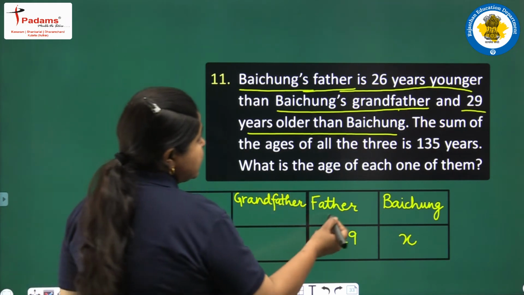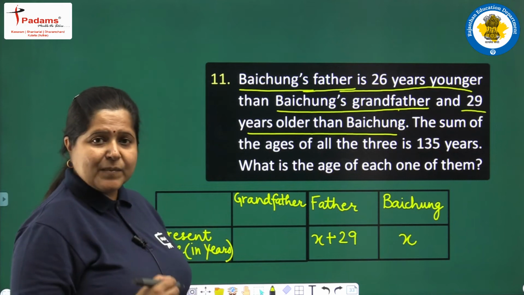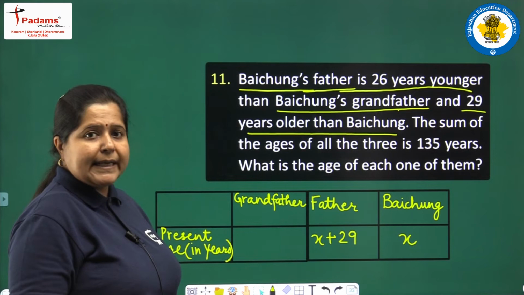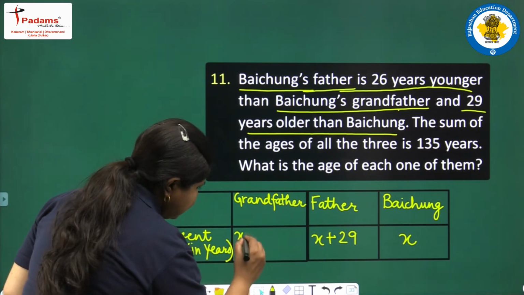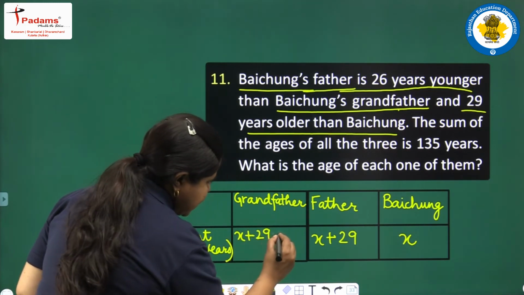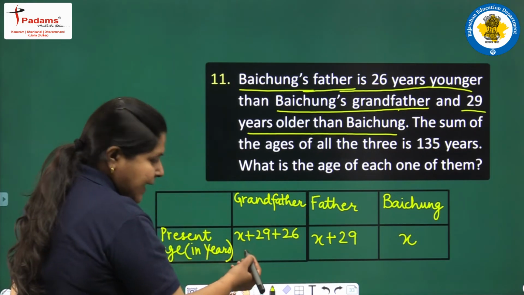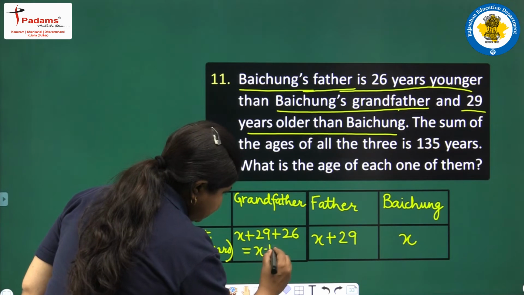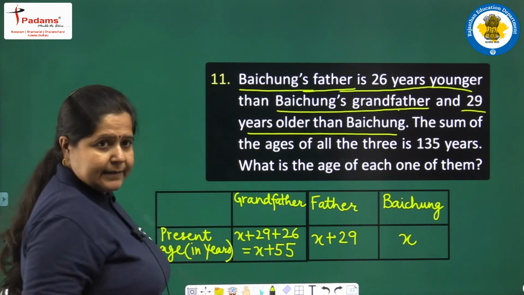But father is 26 years younger than grandfather. This means grandfather is 26 years more in age than his father. So we can take grandfather's age to be father's age and 26 years more. This is father's age and add 26 to it, it will give us x plus 55 years. This is the age of grandfather.